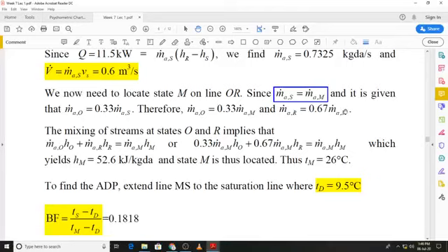So if the mass flow rate of the outside air is 0.33 times m dot as, the remaining 0.67, or 67%, will be the recirculated air. So the recirculated air is 0.67 times the mass flow rate of the supply air, and because the supply air is the same as the mixed air flow rate, I have replaced m dot as by m dot am.